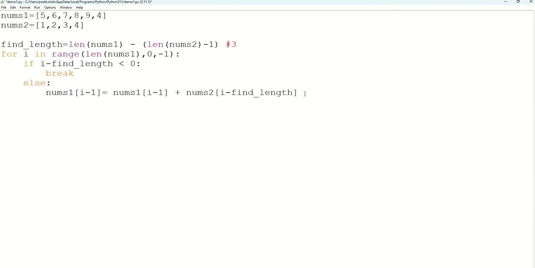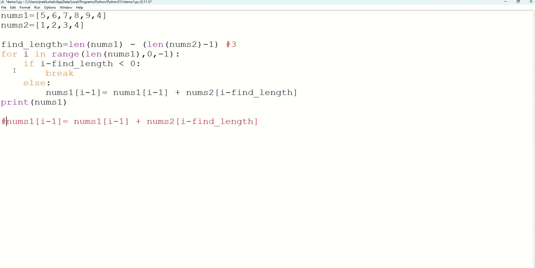Okay, and then we will write print nums1. And one more thing, let me write this part in the comment section, so it is easy for you all to understand.